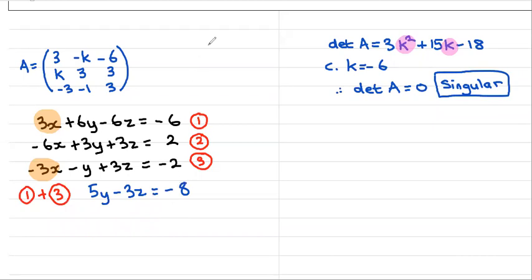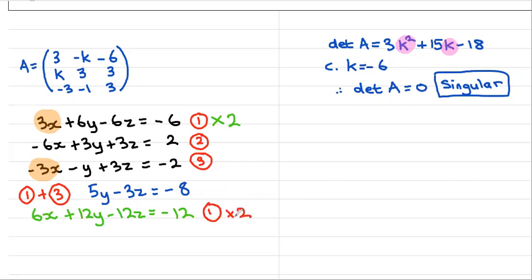Now we can also eliminate x a different way. We could take equation 1 or 3 and multiply it by 2. I'm going to take equation 1 actually. So we're going to multiply that by 2. And that's going to give me 6x plus 12y subtract 12z is equal to -12. So that's equation number 1 multiplied by 2.